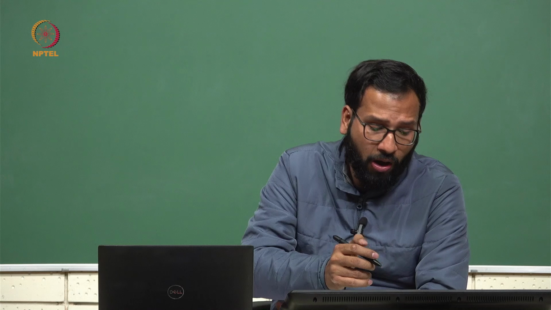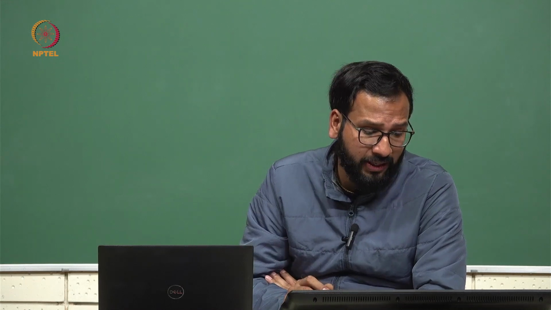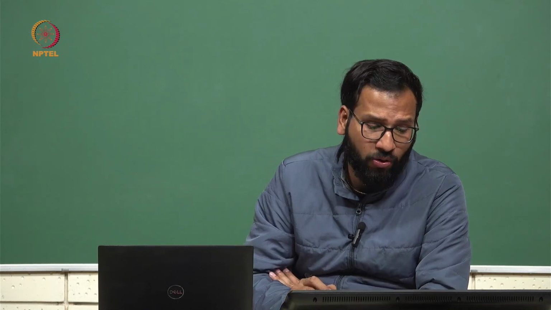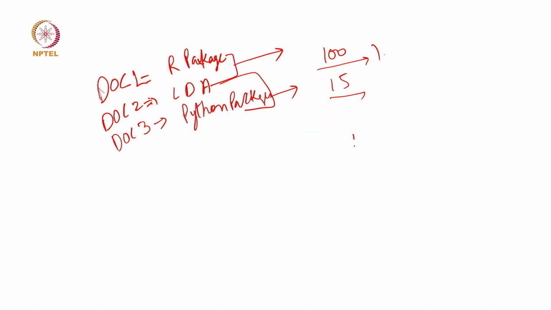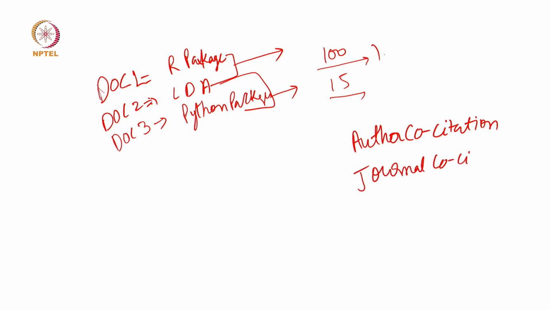Now, other than the co-citation analysis of documents, there are two other types of co-citation analysis we can do. One is author co-citation analysis, and then the journal co-citation analysis.